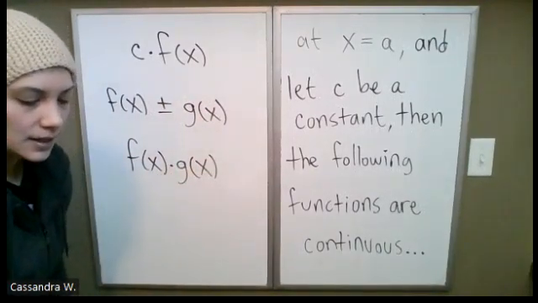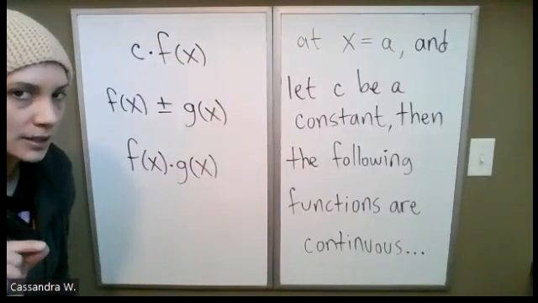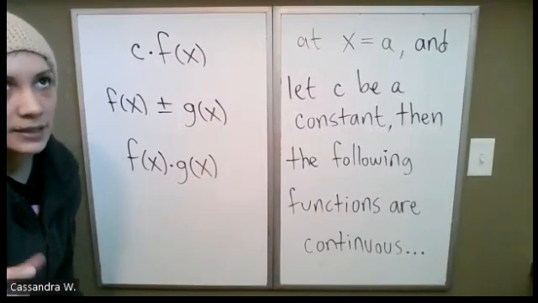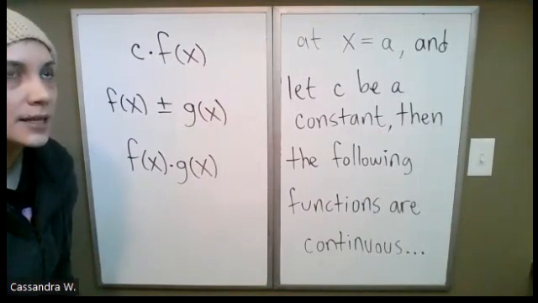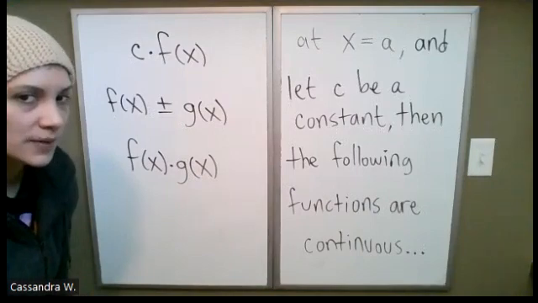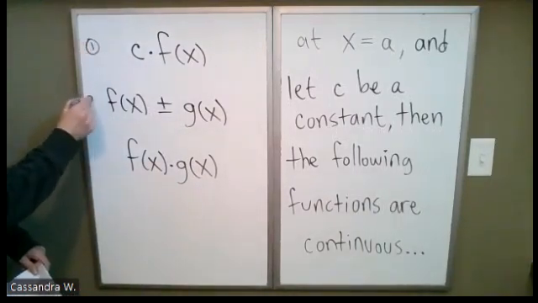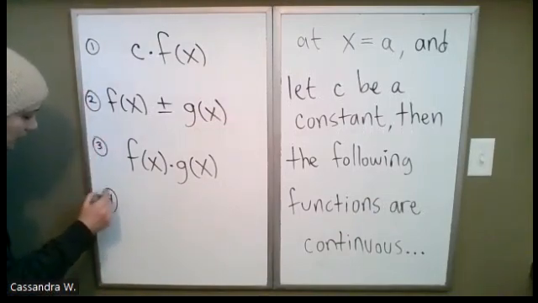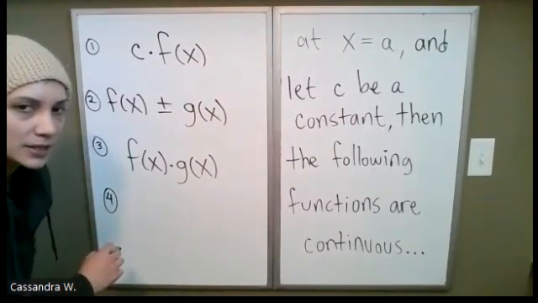And the last one has a little exception where if you have two continuous functions and you take f and divide it by g, that's continuous except at places where g of x would equal 0. So this is 1. Number 4, we could take f of x divided by g of x.